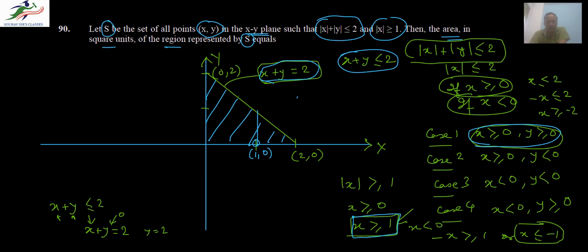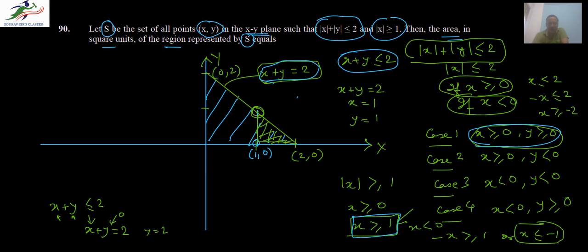So the area that is bounded by both these curves will be the area of this triangle, the small triangle. This is the area that we are trying to find out in this quadrant. So for that we need to find out the point at which the two lines intersect. The two lines means x plus y equal to 2 and x equal to 1. That means y is equal to 1.